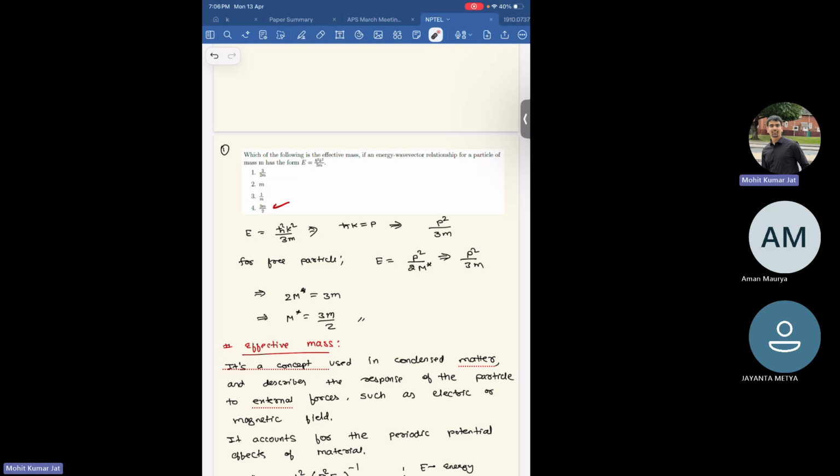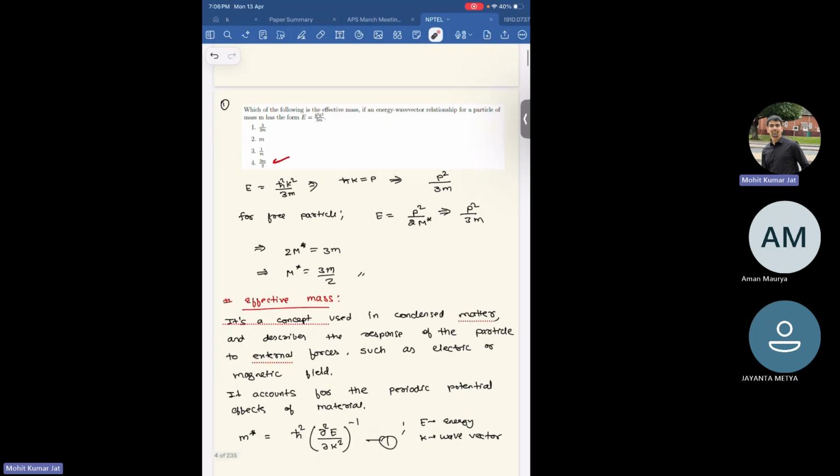So having said that, let me start from the very first question, which is a typical question that shows up and asks for the effective mass. The question is: which of the following is the effective mass if an energy wave vector relationship is given? When the energy wave vector relationship is given, there are two ways you can extract it.